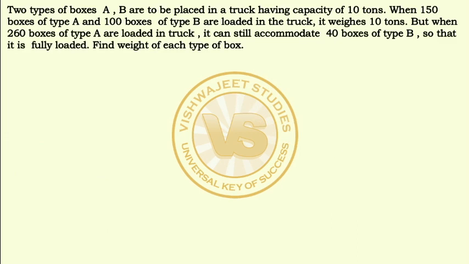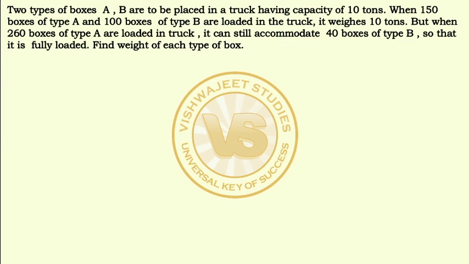Our next example is: two types of boxes, A and B, are to be placed in a truck having a capacity of 10 tons. When 150 boxes of type A and 100 boxes of type B are loaded in the truck, it weighs 10 tons.